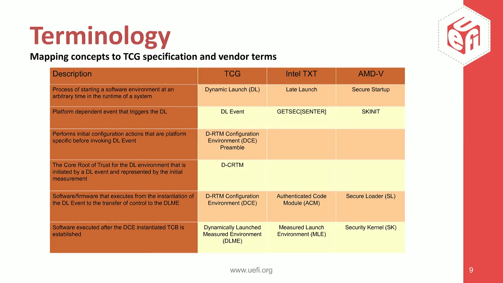Also, it is responsible for taking measurements of various components during dynamic launch initialization. On Intel TXT, it is called Authenticated Code Module, ACM, and on AMD, it is called Secure Loader.